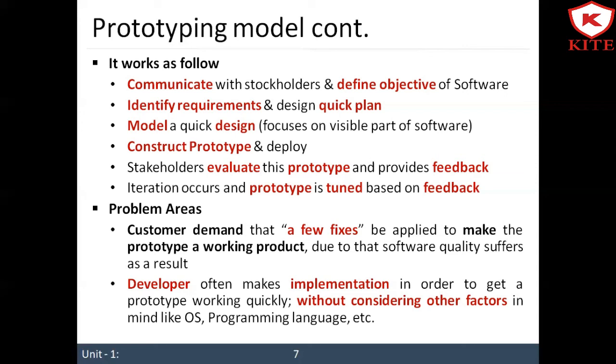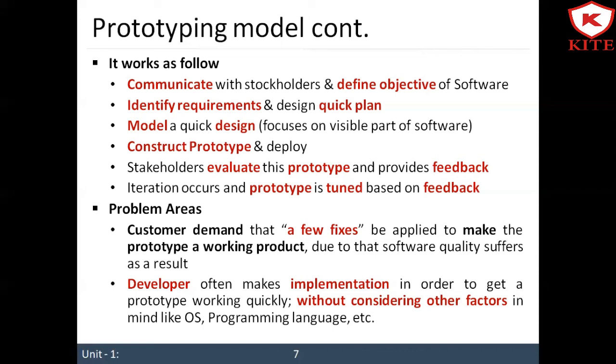An inefficient algorithm may be implemented simply to demonstrate capability. After a time, the developer may become comfortable with these choices and forget all the reasons why they were inappropriate. The less than ideal choice has now become an integral part of the system.